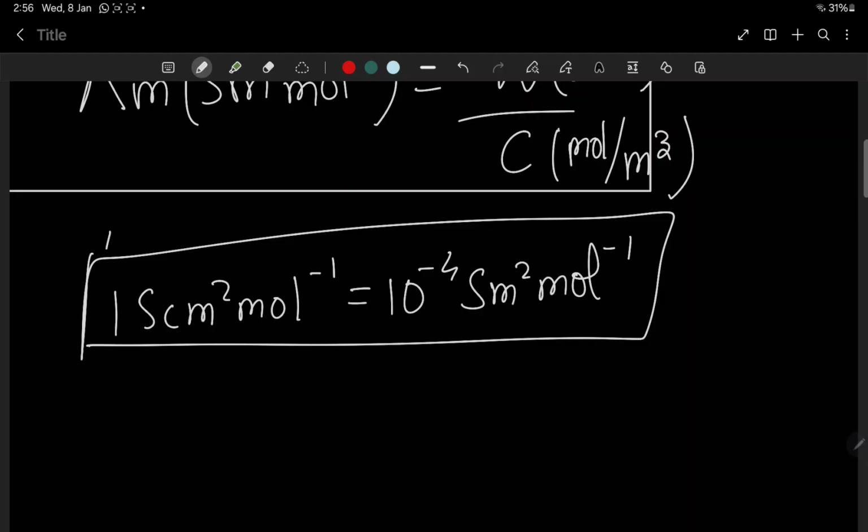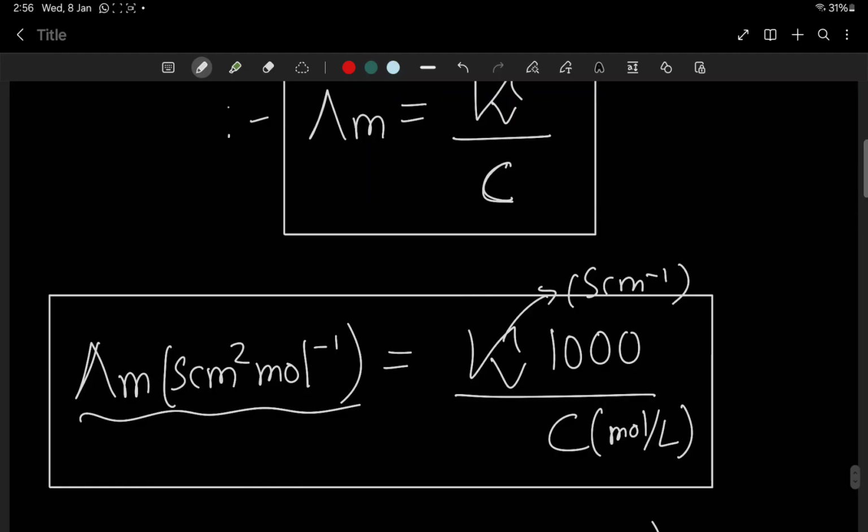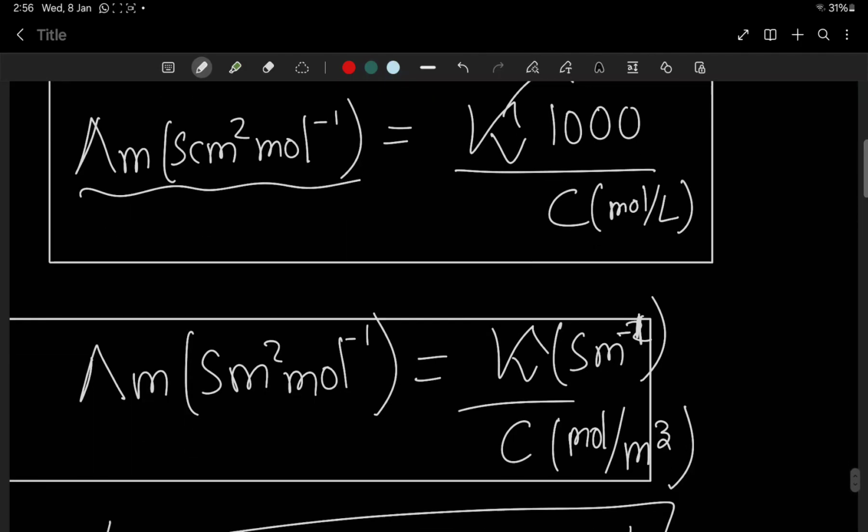Just learn it. Now by this we come to an end of the basics of conductivity and molar conductivity. Now comes the main part of the lesson, that is Kohlrausch law.